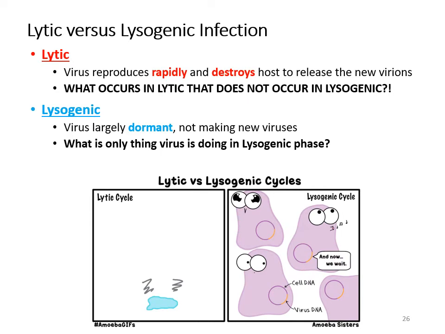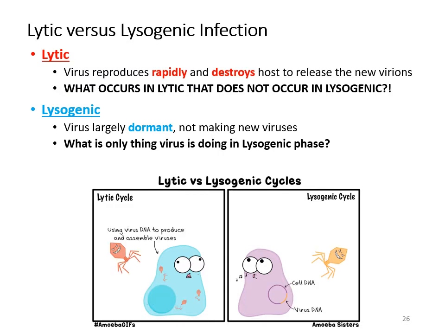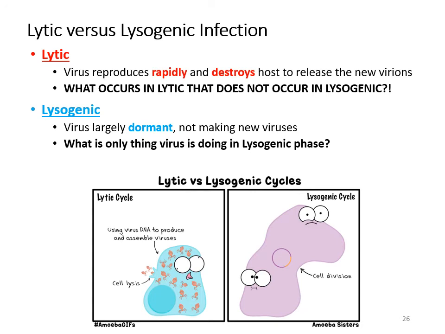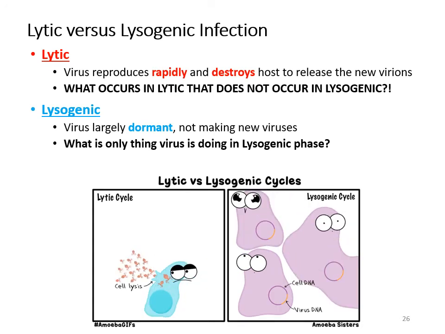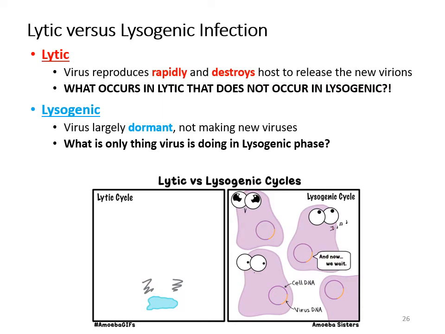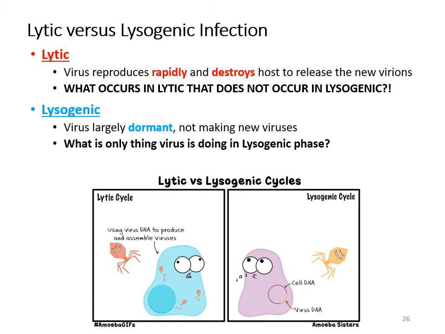So when I ask what occurs in lytic that does not occur in lysogenic, protein synthesis, right? In the case of lytic, you have the virus replicating its genome and producing proteins, assembling new viruses.